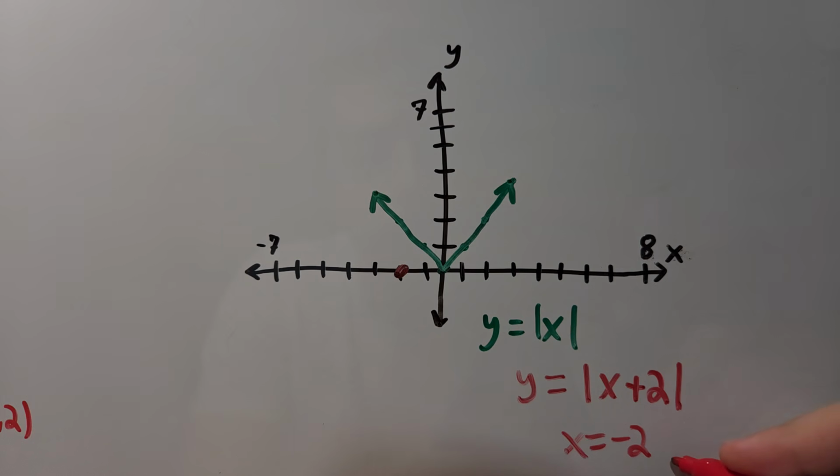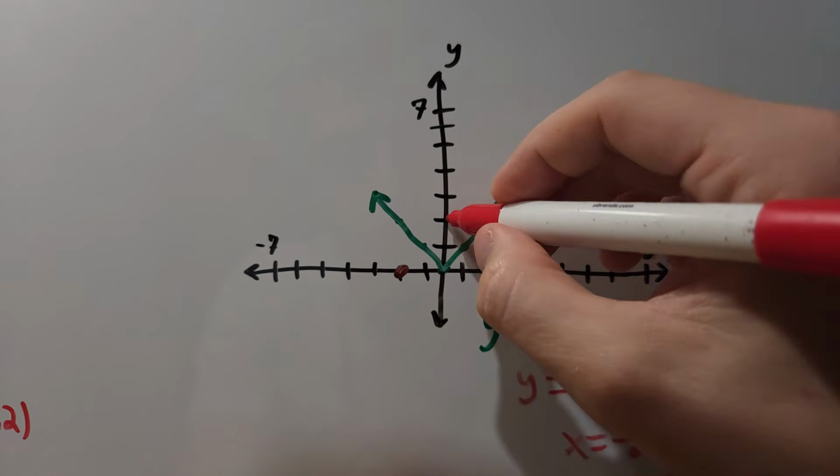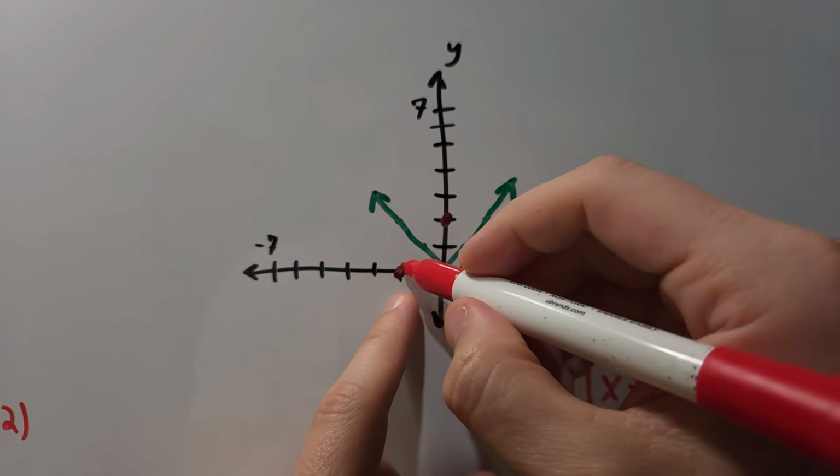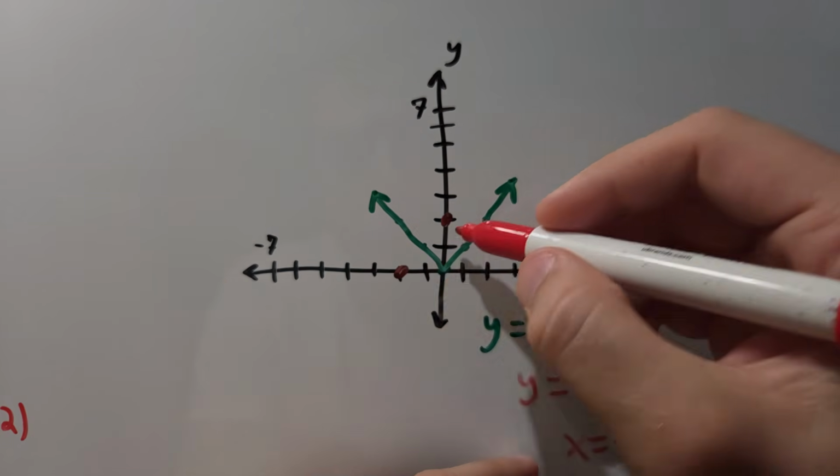So plugging in, let's do 0 next. Plugging in 0 will give me 0 plus 2, which is positive 2. Absolute value of that is positive 2. This is my new point. So everything is now 2 units to the left.